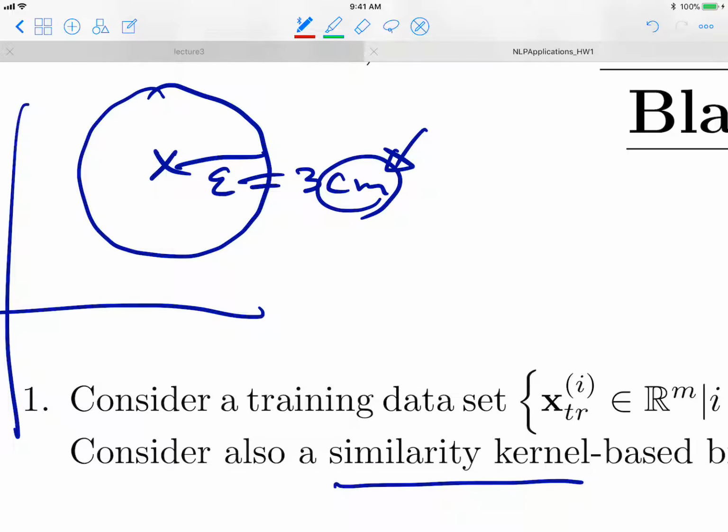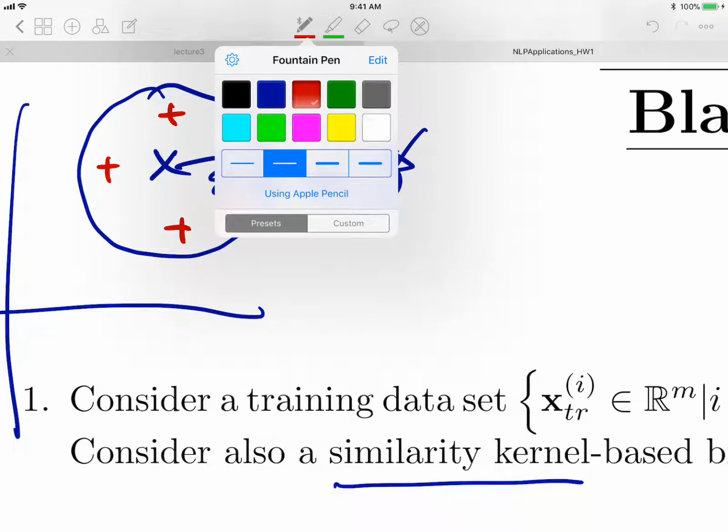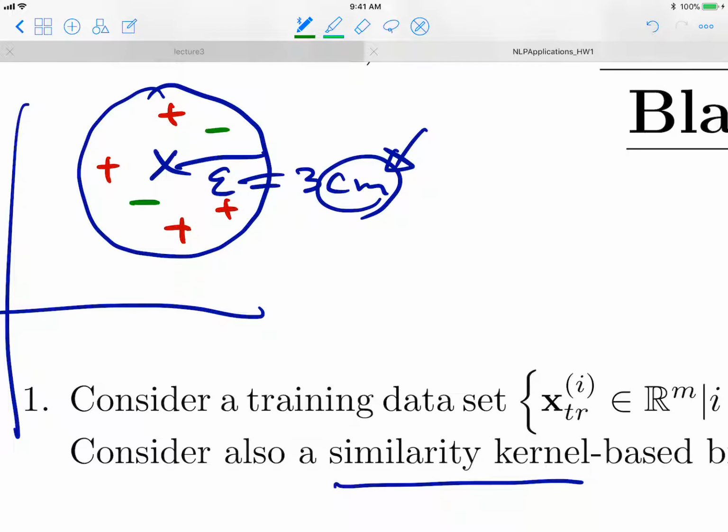Within this radius, suppose we had these points, and maybe these 2 negative points. We count the points falling inside this radius and do some majority voting, right? And this is the epsilon radius classifier.